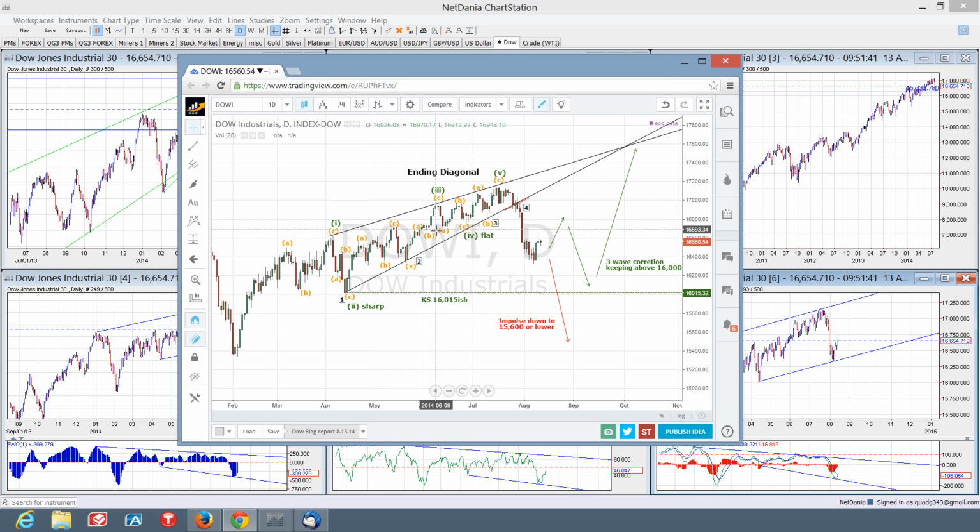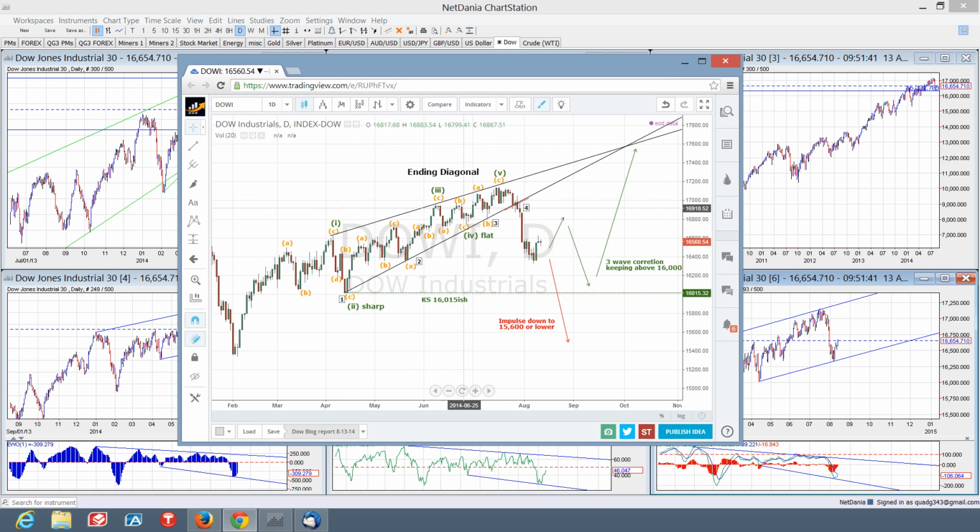And then wave 4 played out sideways with a flat correction, A, B, C. And this is important because it improves the probability of your Elliott wave count when you have wave 2 and wave 4 alternate in modes between sharp and flat.